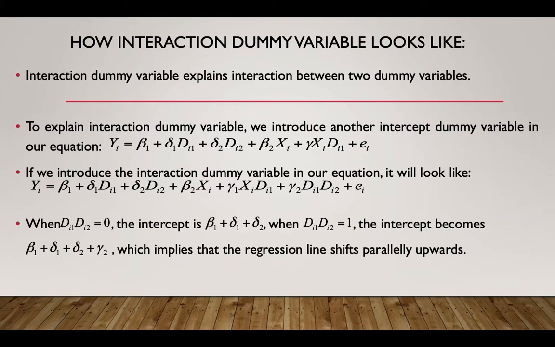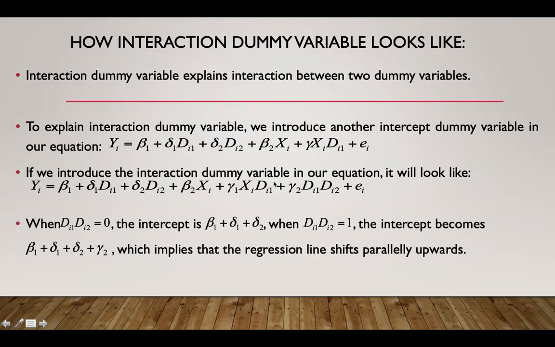So, we can see that the interaction dummy is not connected with any quantitative explanatory variables like the intercept dummy. Interaction dummy is a kind of intercept dummy. It is not like a slope dummy.